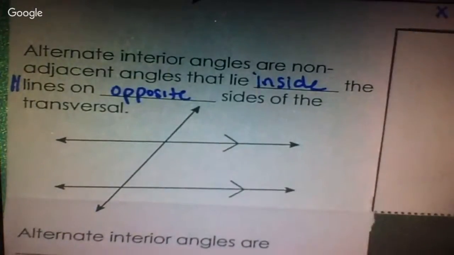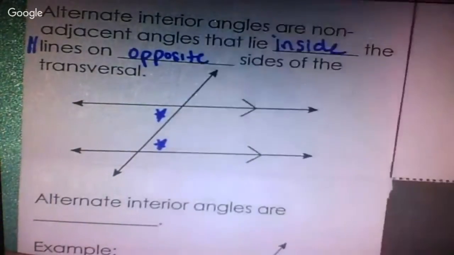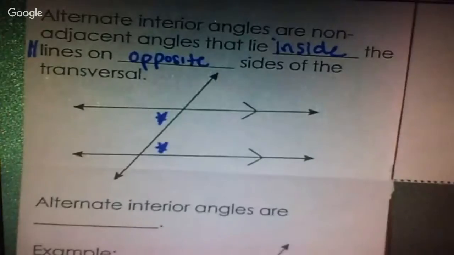So we're still in that middle section in between the two lines. But now I'm looking at this angle and this angle. Remember, they have to be non-adjacent, so they cannot be side by side. One's on the left of my transversal, one's on the right, and they're both still inside the parallel lines.